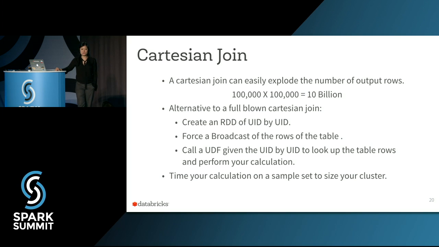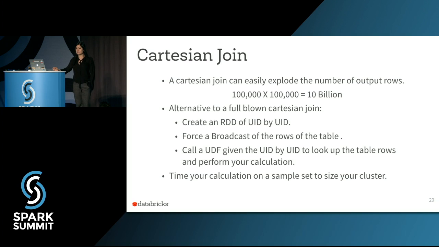So what I do is I would try a small sample size of the Cartesian join that you want to do, and then time it. If I know it takes me about this amount of time to finish 1 billion rows, then I know if I choose a cluster with 10 times the number of nodes, that's how long it's going to take for my 10 billion, if I want to keep that output time. So you can do a mathematical calculation to help you figure out what size cluster you need.